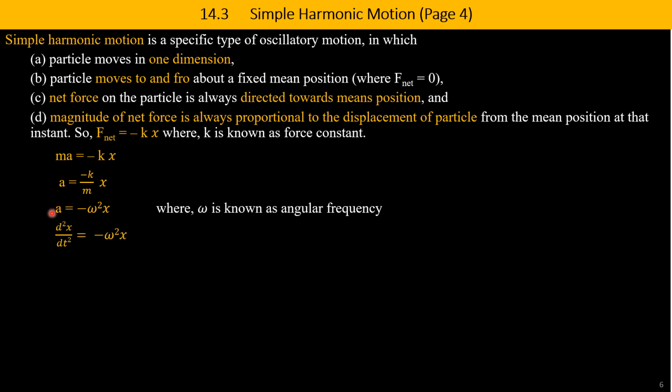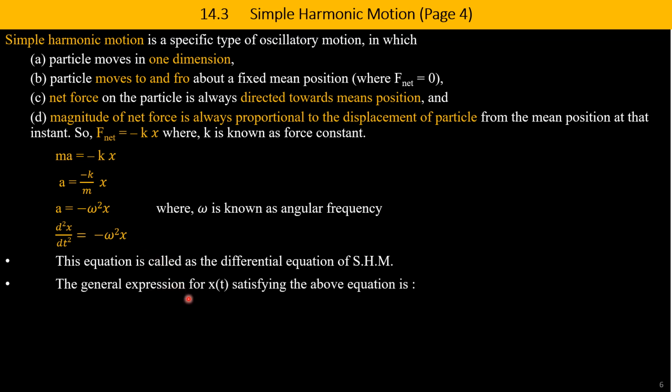We also know that acceleration is the second order differential, which can be written as d squared x by dt square, where x is the displacement. So this is the second order differential of the displacement. d squared x by dt square is equal to minus omega square x. This equation is called the differential equation of simple harmonic motion.